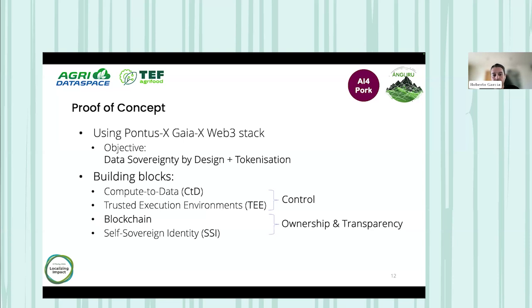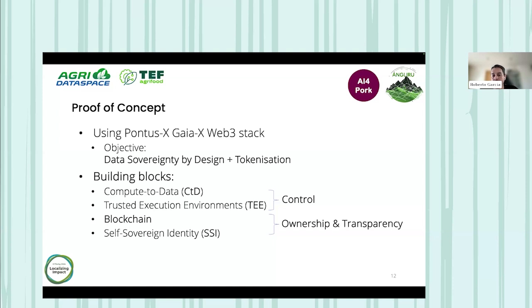And we are conducting a proof of concept based on these technologies. The idea is that we can provide control over the data, so this sovereignty. We can also provide ownership and transparency in the sense that all the participants are identified. They use credentials that identify them. They are also connected to the services or to the data that they are providing.